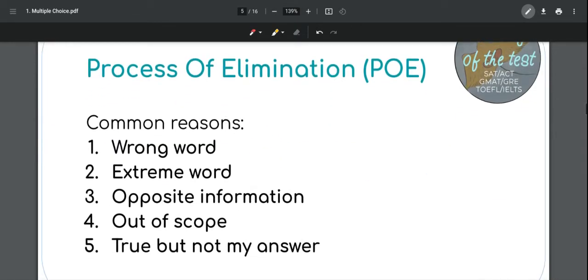Okay, process of elimination. Again, as I told you, this has its own videos. Basically, we're going to eliminate based on whether we have the wrong word, meaning the word in the answer doesn't match the word in the text. Or an extreme word, which means, let's say the text is just saying most humans are right-handed, so you do not infer that all humans are right-handed.